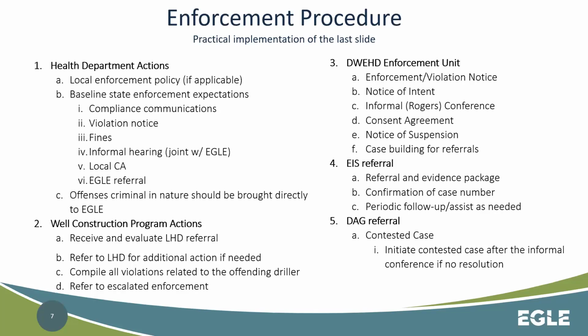If we don't come to an agreement and they don't show cause that they were in compliance, we would then issue a notice of suspension. And that notice of suspension gives them 30 days to go to the administrative law court and request a contested case. And our enforcement unit at that point would begin building the case file for court.